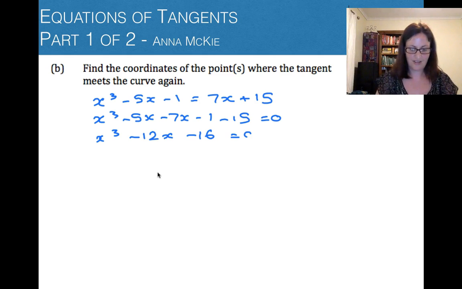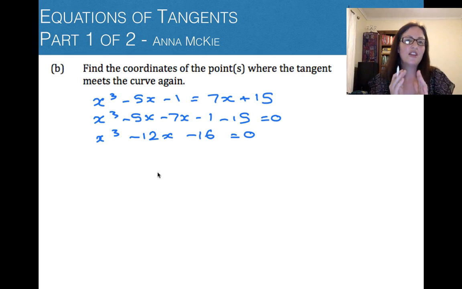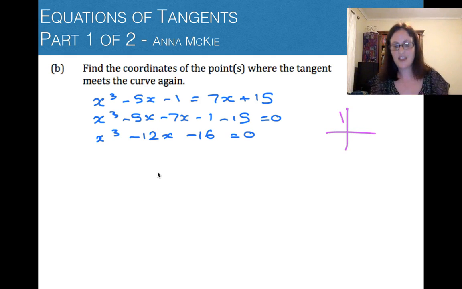Okay, now you might be thinking, I could possibly factorize a quadratic, but a cubic, I'm not so sure. But let's remember what we're dealing with here. We already know that the tangent touches the curve at x equals -2. Just a refresher, back in the days when you were just solving quadratics, if you had a quadratic like this, and you had a point there, let's call it 4, say, what would the factor look like?